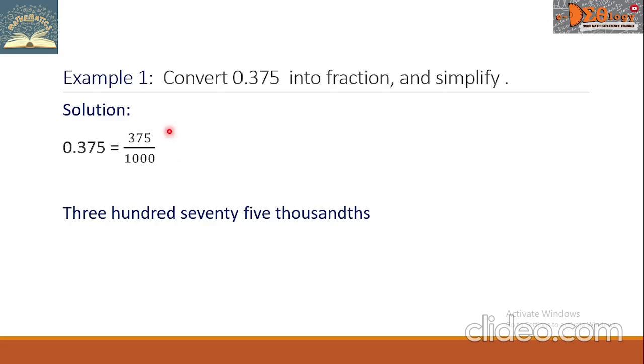In the numerator, we copy the given decimal without the decimal point. So we have here 375 over 1000, because we have thousandths as the place value of the last digit, which is 5. And then let us express the 1000 as 10 raised to 3.